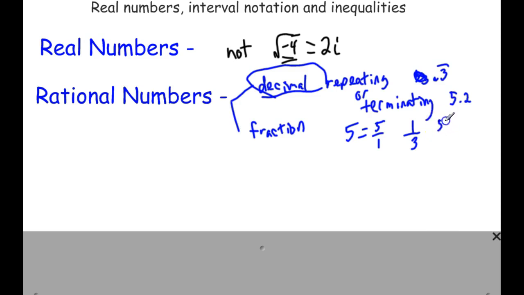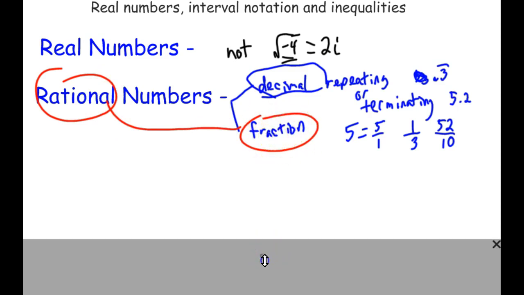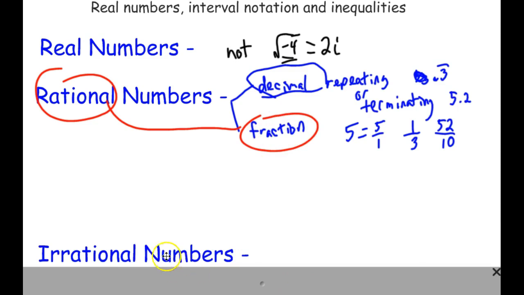Would that be 52 tenths? That would be one way of saying that. So that's definitely rational. It's a ratio of integers. It's a fraction. In fact, that's kind of code: when you see the word rational, I want you to think fraction. Those two things are connected. Oftentimes in math we say, oh, we're studying rational numbers. Well, we're really studying fractions. So that's one way of thinking through that.